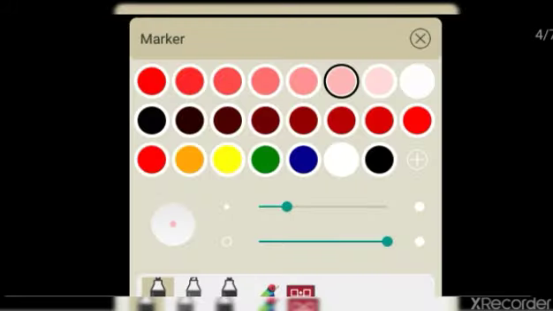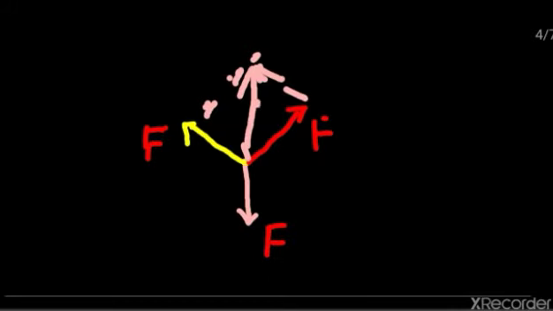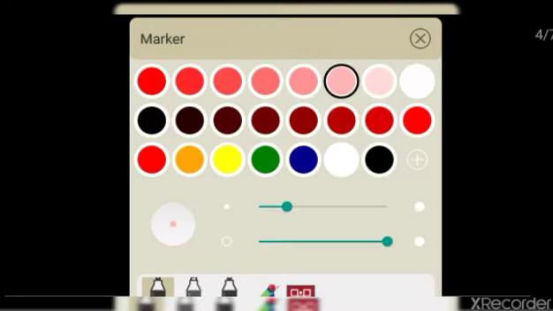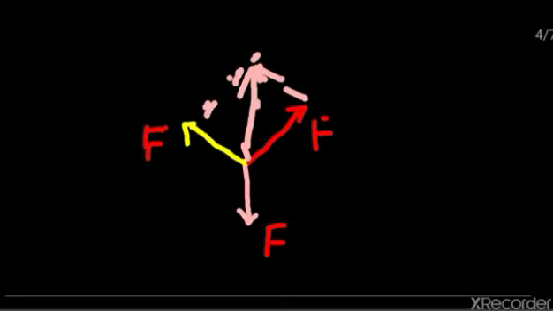Let me show this with a different color so that you don't get confused. This is the green vector. The green vector is the resultant of the yellow vector and the red vector.